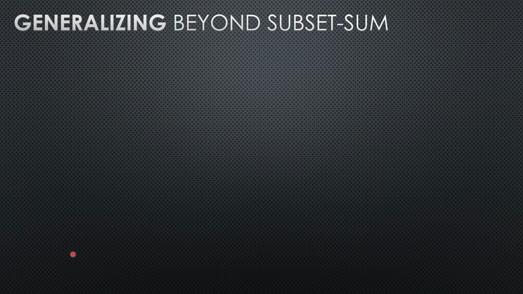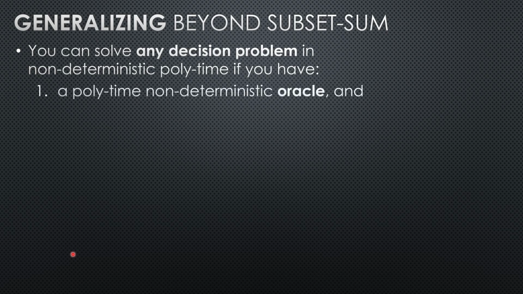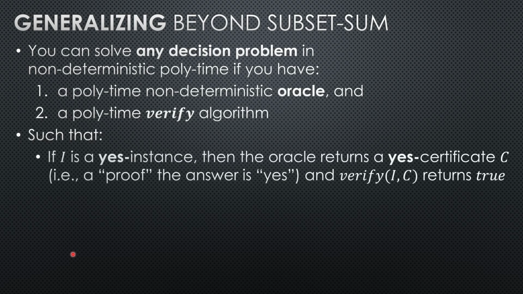Okay? So let's generalize to any problem, because it turns out you can't just solve subset sum this way. You can solve every decision problem in non-deterministic polytime if you have a polytime non-deterministic oracle and a polytime verify algorithm such that if I is a yes instance, then the oracle returns a yes certificate.